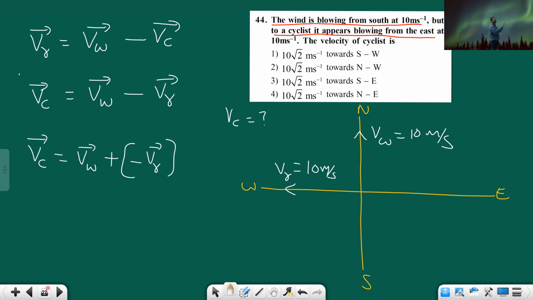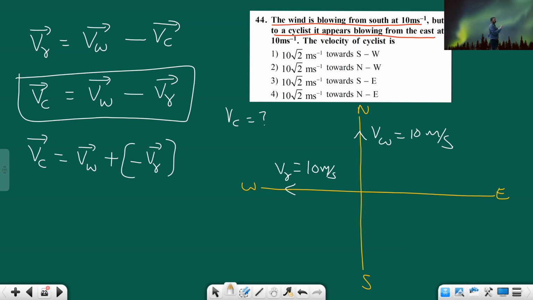Very simple, I didn't do anything here. I just shuffled the terms. After that, VC bar is equal to VW bar plus minus VR bar.